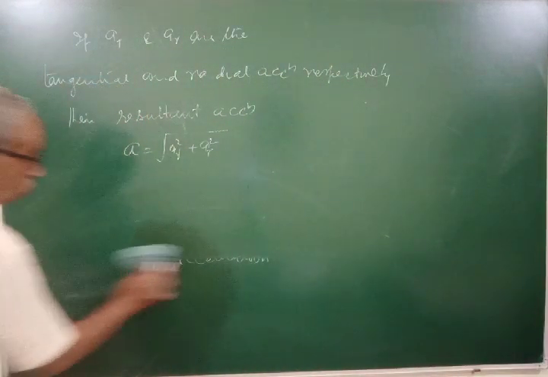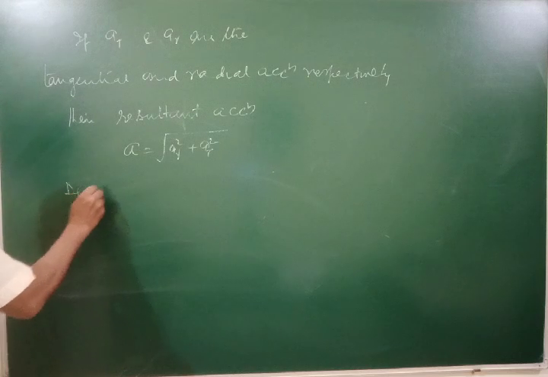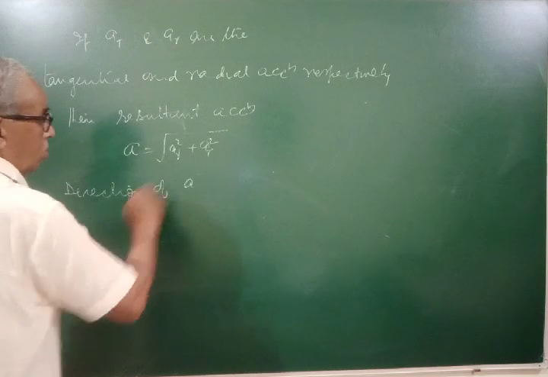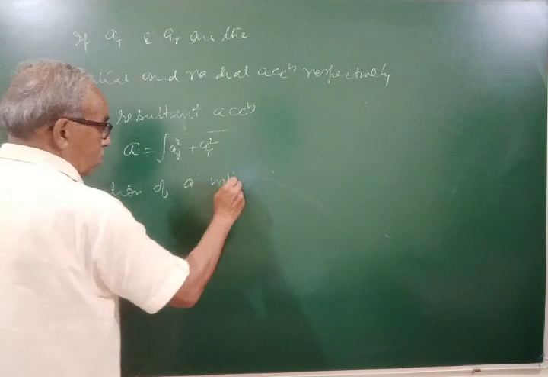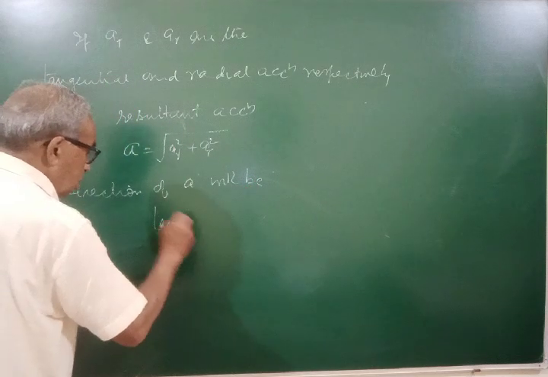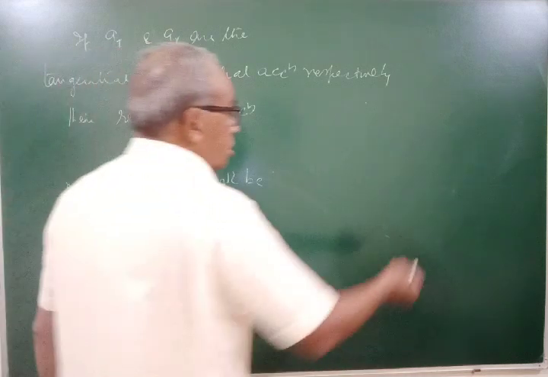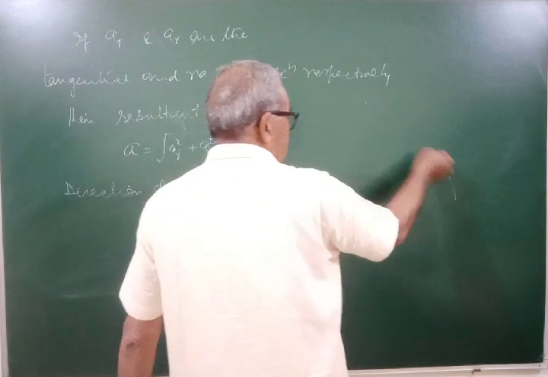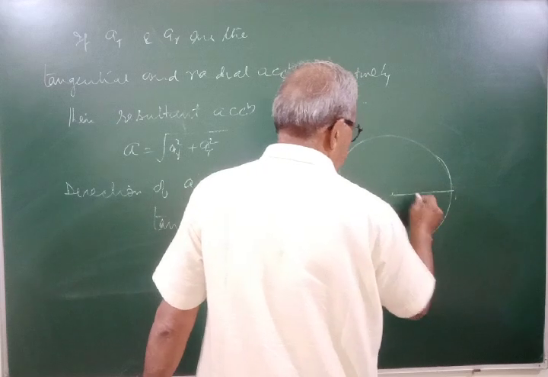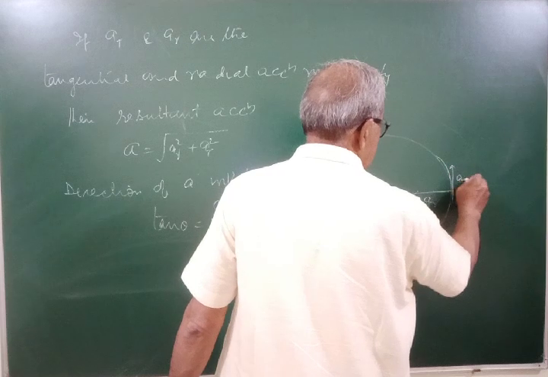The direction of A will be tan theta equal to AT upon AR. Listen to me here. Here is the circular path. This is AR this way, and this is AT this way.